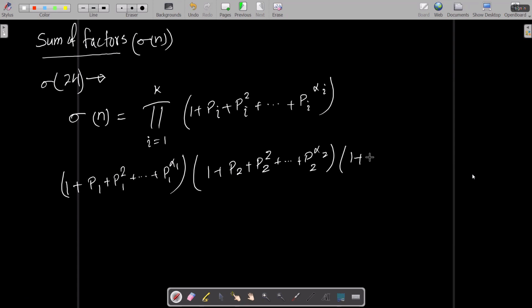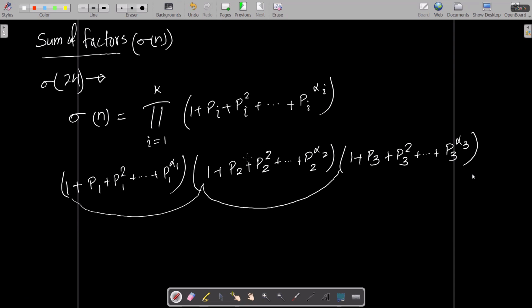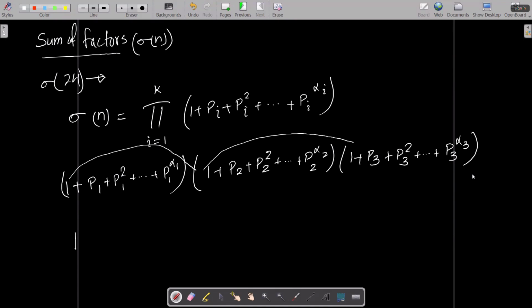And we have 1 plus p3 plus p3 squared plus all the way up to p3 alpha 3, like that. Now see, if you multiply this product, first we have 3 ones. So this will give you a 1. Then if we take these 2 ones and multiply with this p3, this will give you p3.